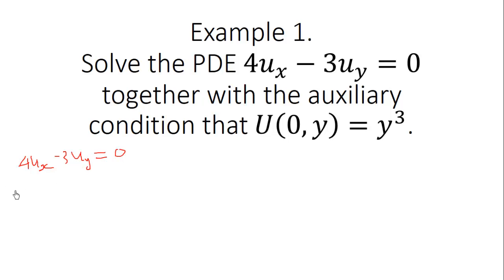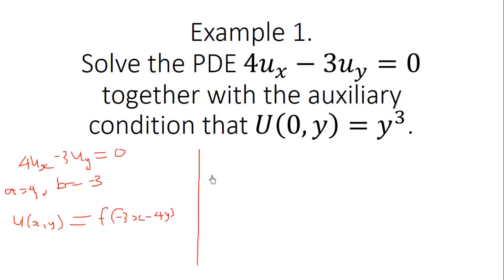So we have our a to be equal to 4, and we have b to be equal to negative 3. Then the solution to the PDE is given by a function that depends on minus 3x minus 4y.